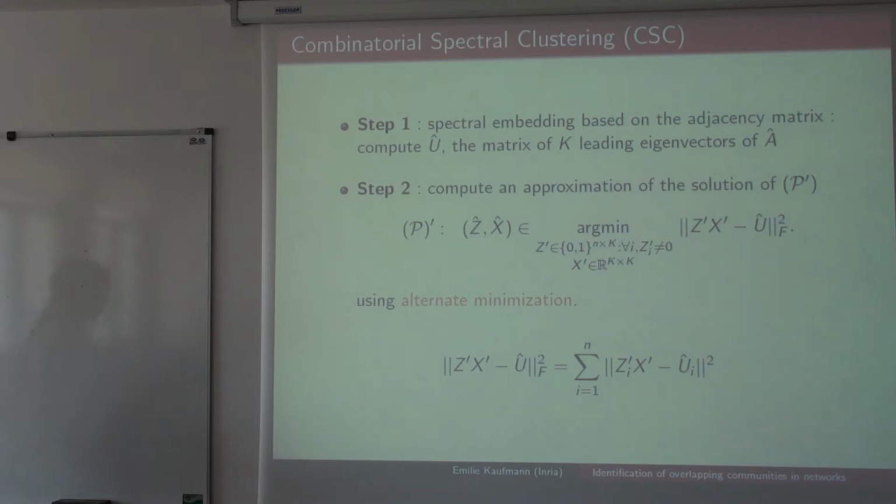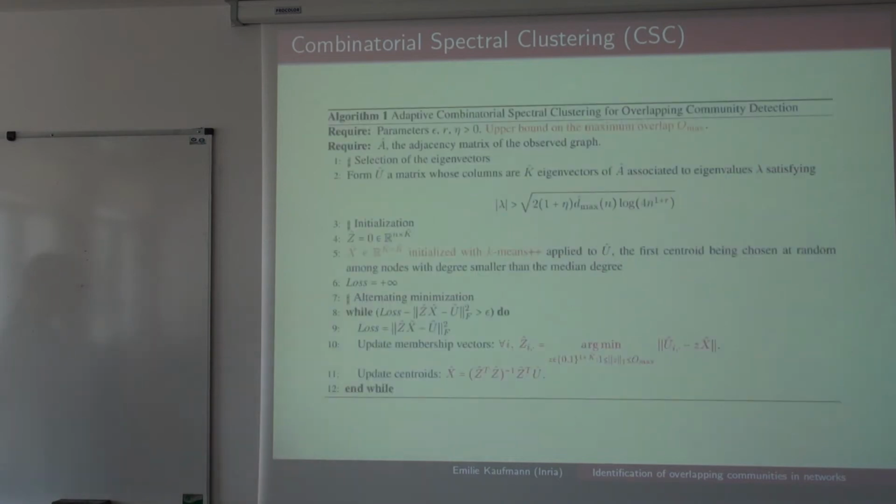And you see that if X prime is fixed, to minimize this, for each node I, we are just looking at the Z prime I which minimizes this argument. And it is also possible to solve the other way around, that is, when the Z prime are fixed, find the right X.